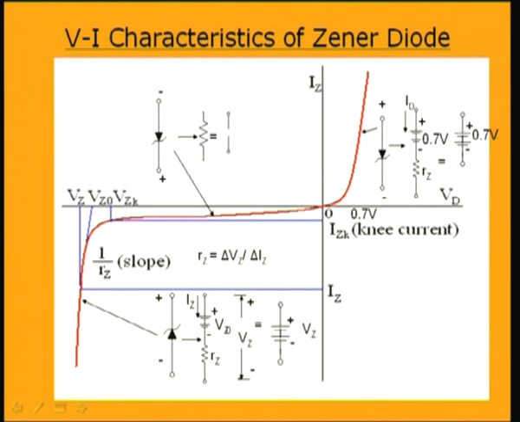So, once reverse breakdown occurs, the voltage across the Zener diode will be locked at the voltage Vz. Now, this Vz, the Zener voltage, is specified in the data sheet for the particular Zener diode that you are using.